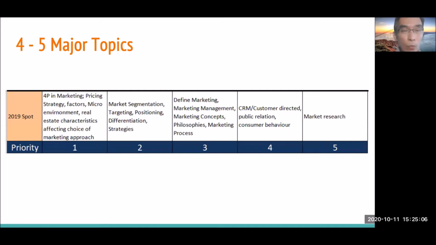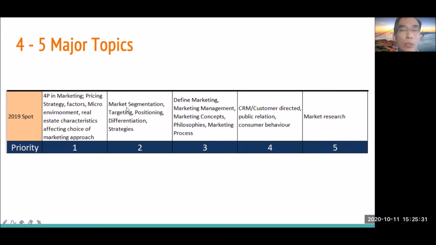There are 5 or 4 major topics that usually come out in the exam. In fact, I want to put this as just 4, because market research usually won't come out anymore. So here you are looking at one part, which is the 4P in marketing: pricing, strategy factors, micro environment, real estate characteristics affecting the choice of marketing approach.